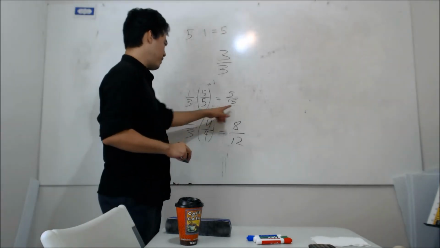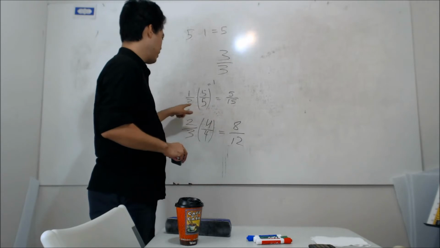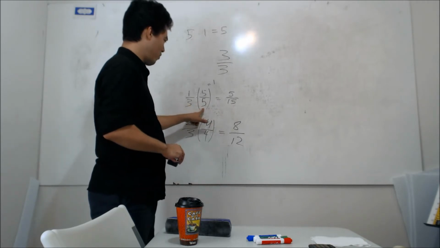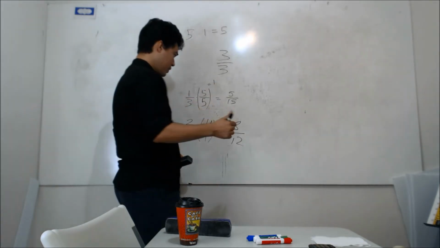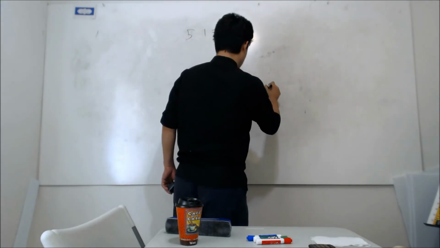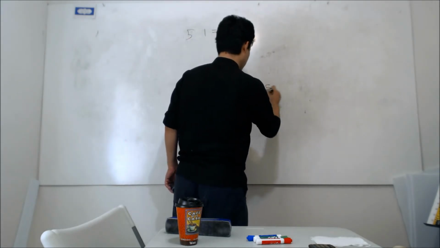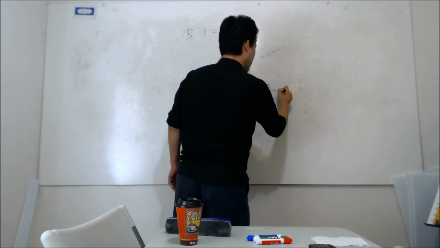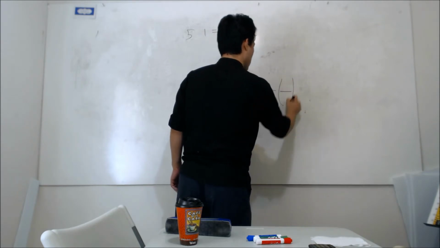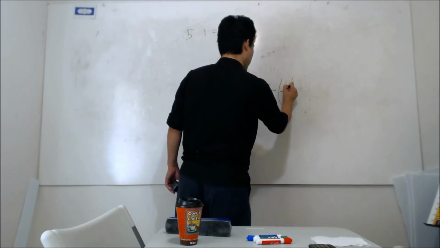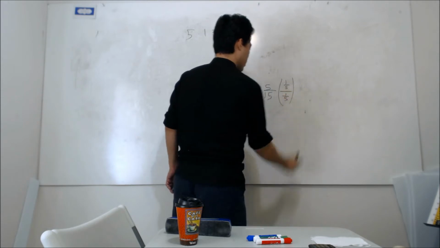In this case, we could get 5/15 by multiplying 1/3 times 5/5. And if you multiply 5/15 times the fraction 1/5, okay?